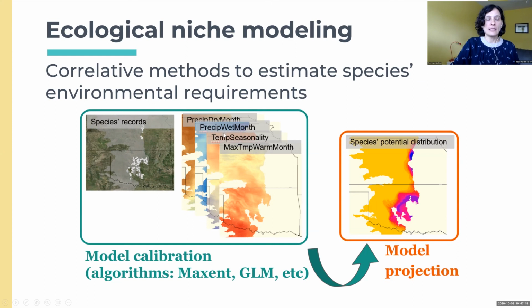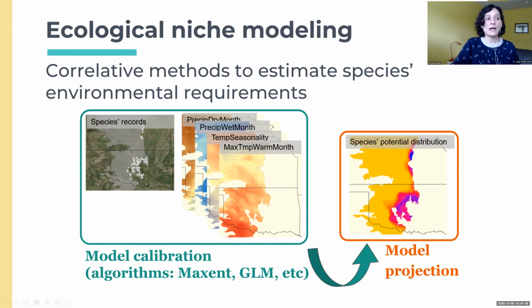And then we have a set of predictor variables, these environmental conditions, in this example, climatic conditions, so digital maps of precipitation of the driest month, temperature seasonality, so on and so forth.